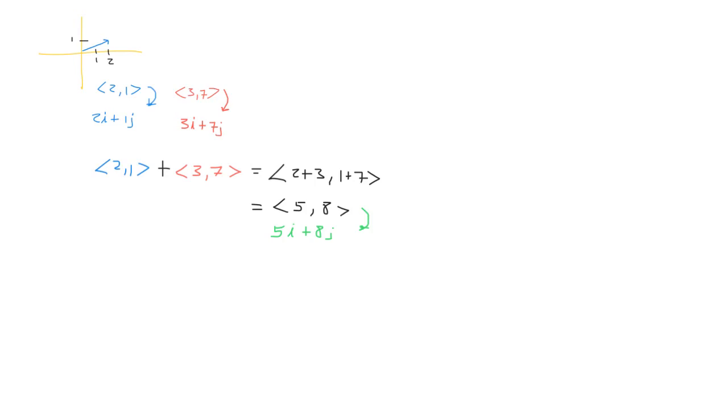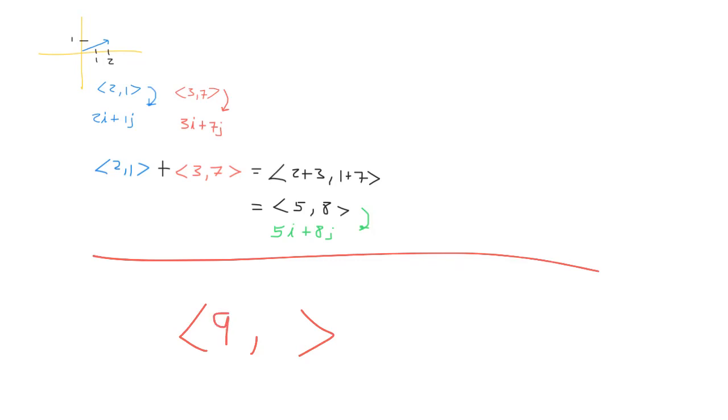Well, if you look at AB, which is the larger of the two vectors, you can clearly see that it goes over 9 and it goes up, it looks like it's 6. So if you look closely at the first vector, which is vector AB, it goes over 9 and up 6. And we're going to be adding that to another vector that goes over 0 and up how many? 1, 2, 3, 4, 5.